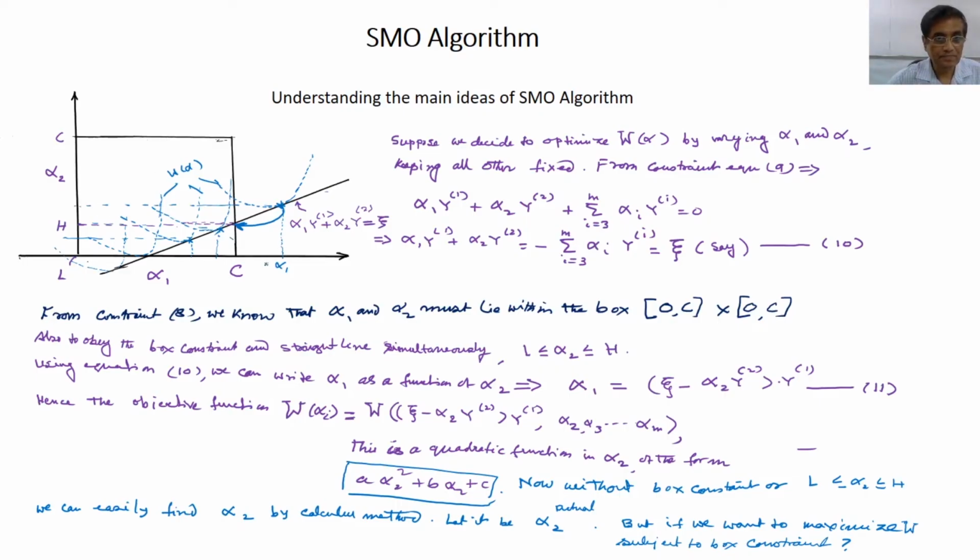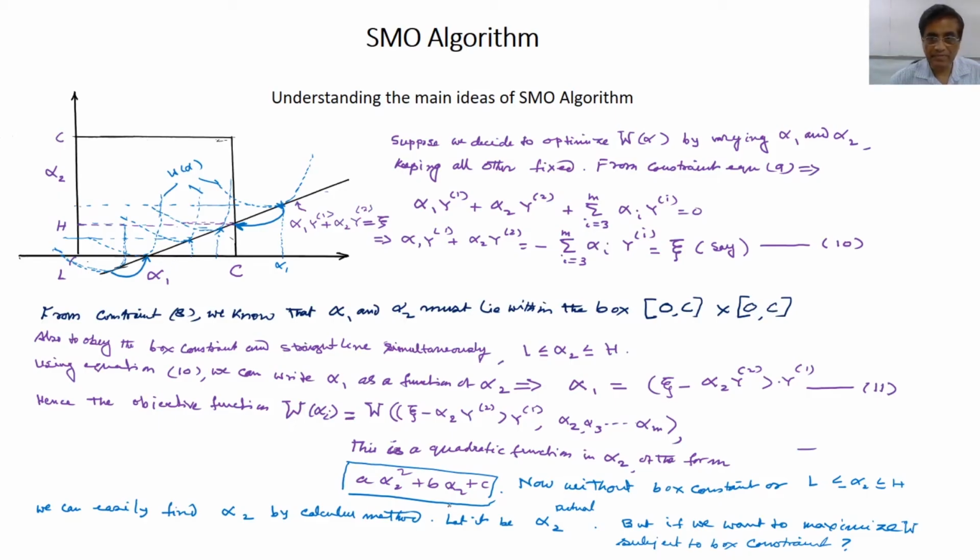Same thing, say for some combinations of alpha your function is here. Again you need to clip to come back to this point. So your alpha 1 will be that value and alpha 2 will be 0. The idea is clear, right?